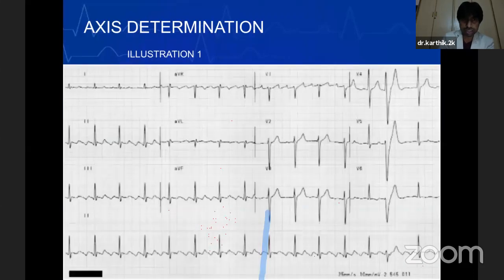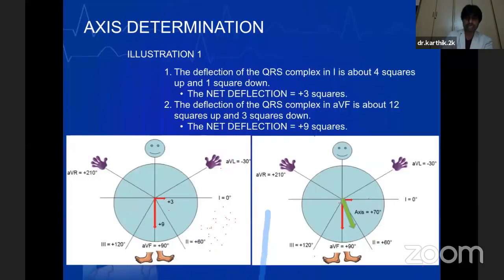So we have 3 small squares for lead 1, and after deducting the 3 small squares of S wave from 12 small squares of height of R wave in lead AVF, we are left with 9 small squares, and that results in AVF 9 squares. So when you mark it, this is how it looks like. And when you complete that rectangle, the diagonal or the hypotenuse of this right angle is what becomes the axis.